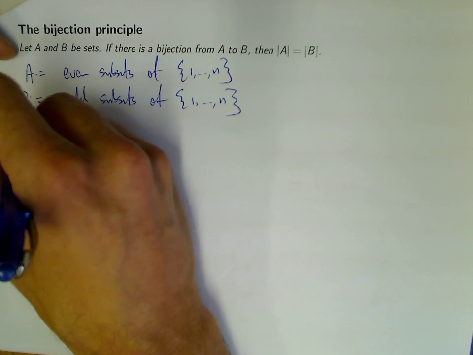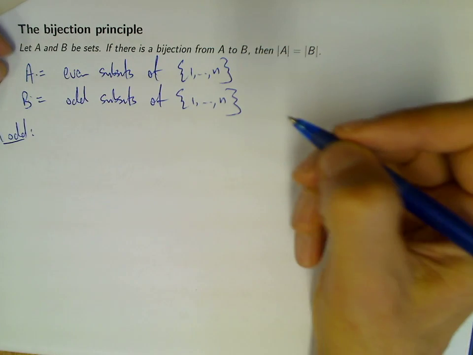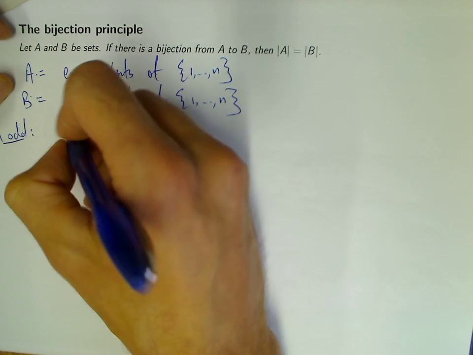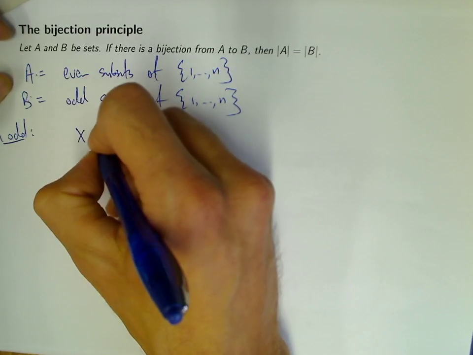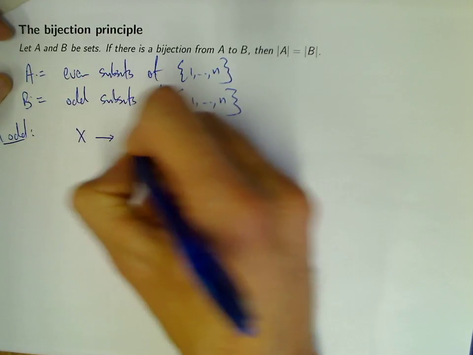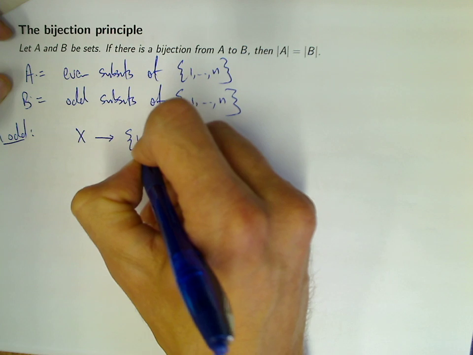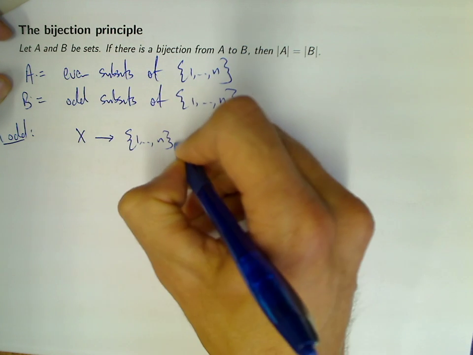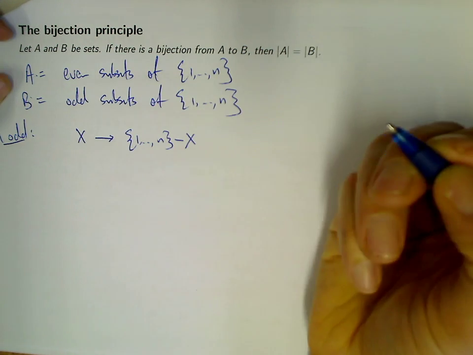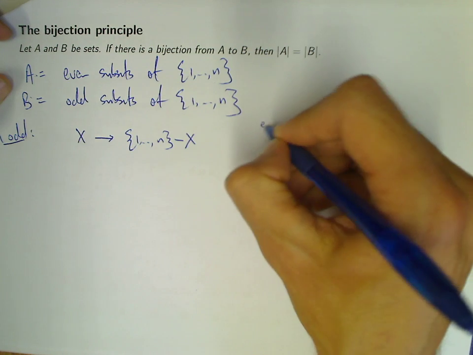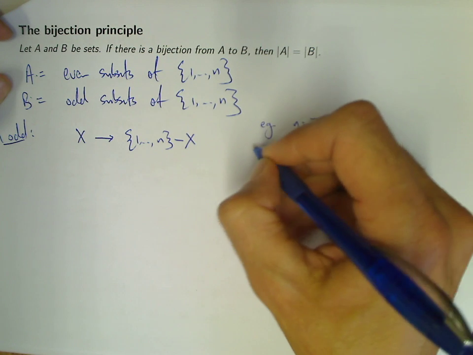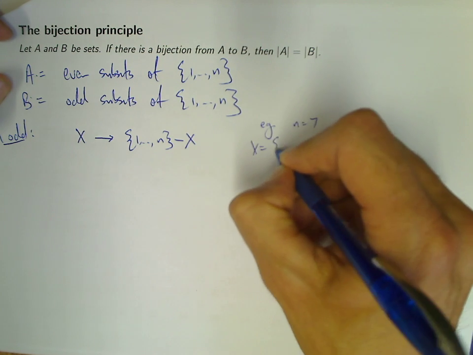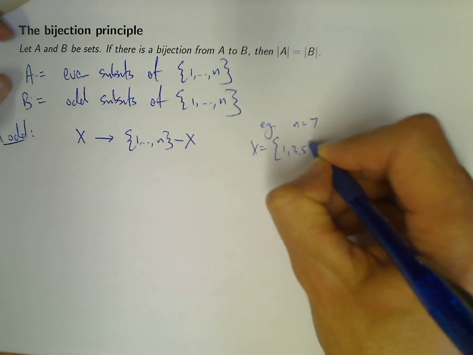So if n is odd, what we can just do is take x and map it to its complement. So we map it to 1 to n minus x. For example, with n equals 7, say my x is equal to 1, 3, 5.